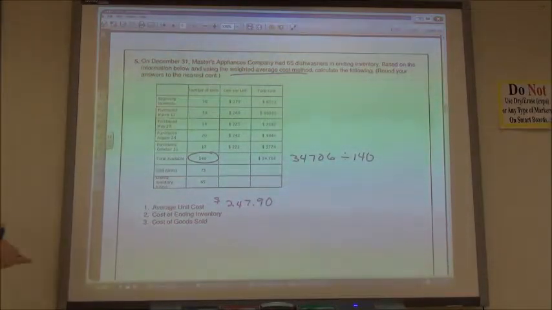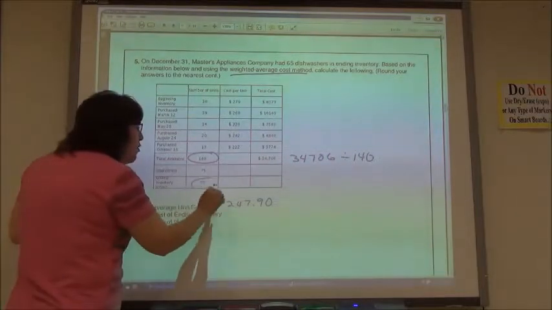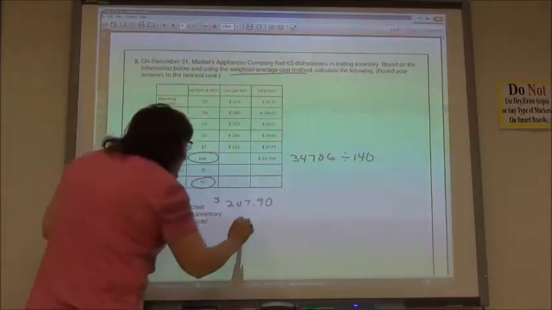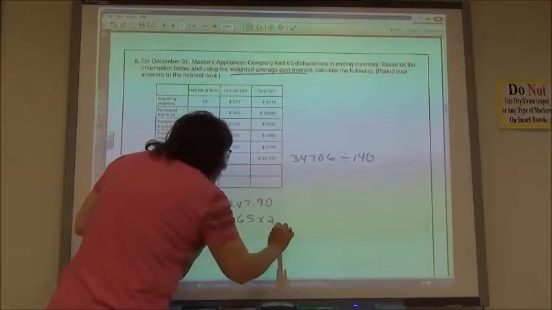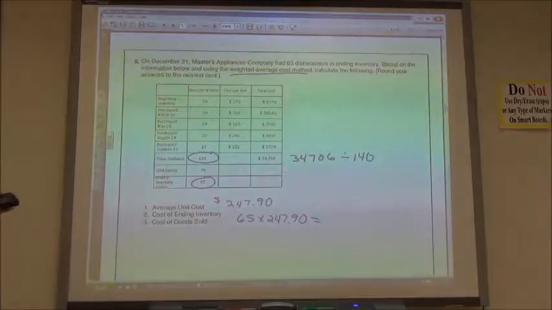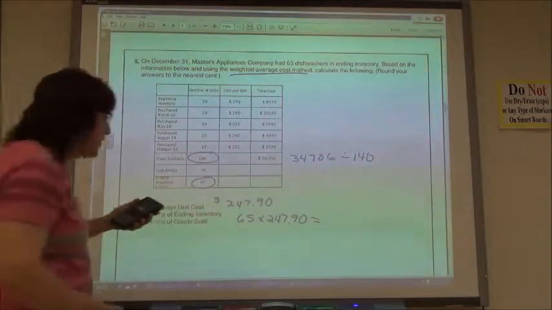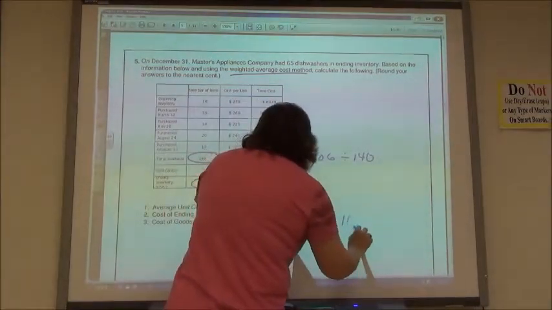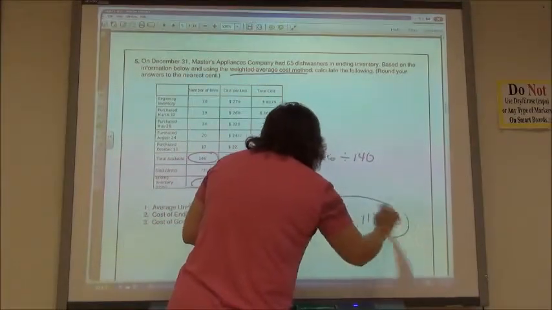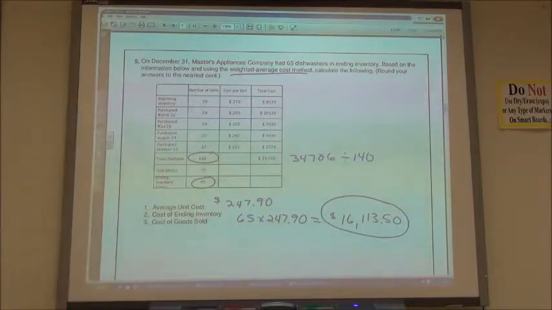$247.90. I want to find the cost of my ending inventory. I've got 65 dishwashers left in my inventory, so 65 times that $247.90 would give me the value of that inventory. So if I multiply that out, $16,113.50 would be the value of my inventory.